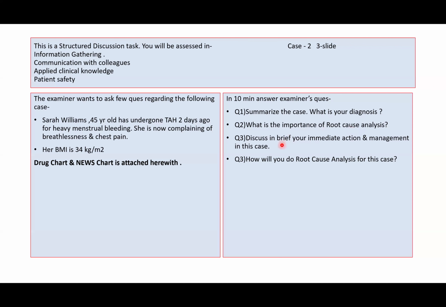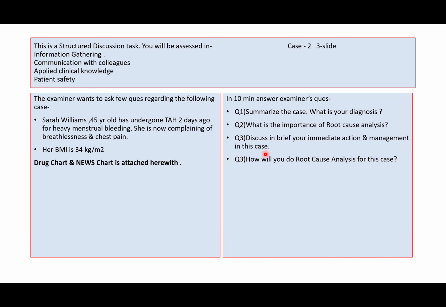Discuss in brief your immediate action and further management in this case. My immediate action will be divided into clinical and clinical governance parts. First, as the patient is having pulmonary embolism, she will be in HDU, where she will be continuously monitored, regularly monitoring her pulse, BP, respiration, saturation, and heparin, as it has been started, will be continued.